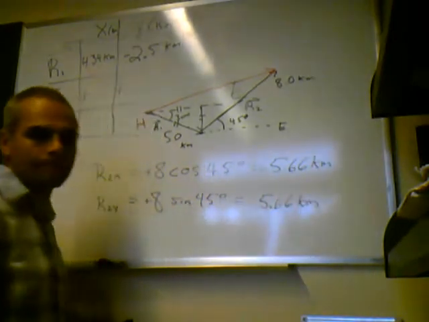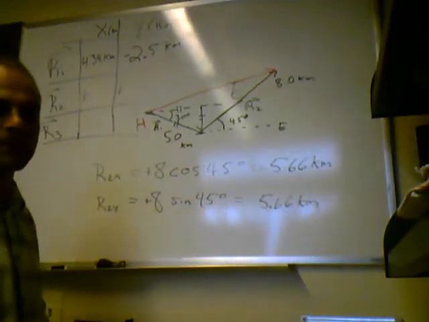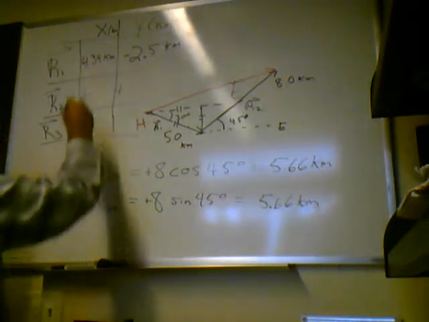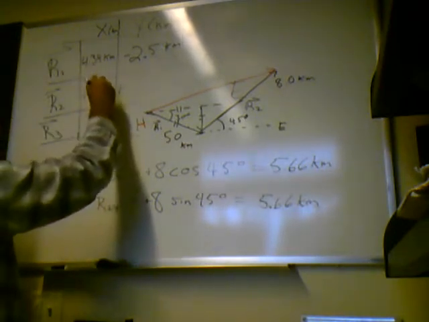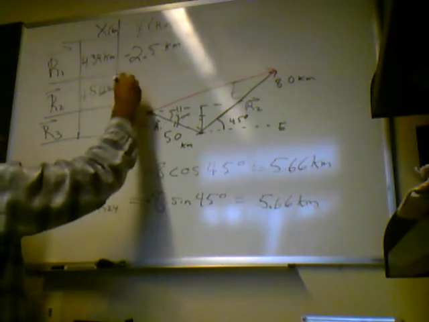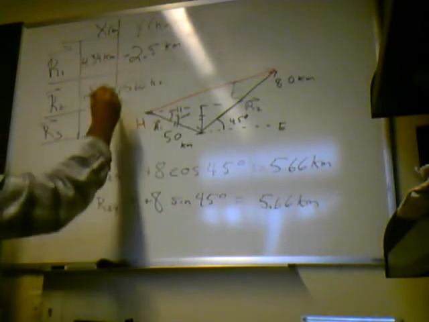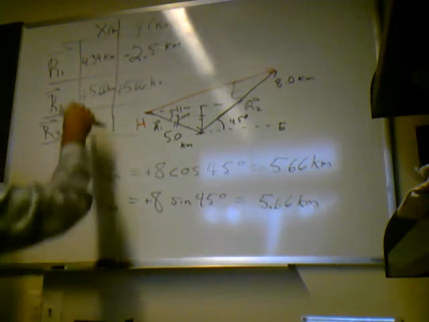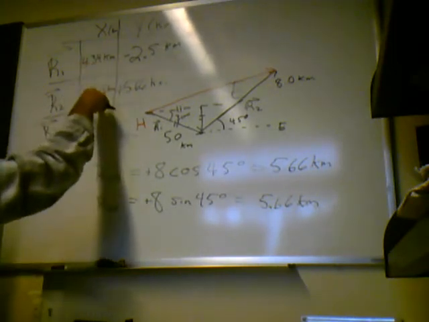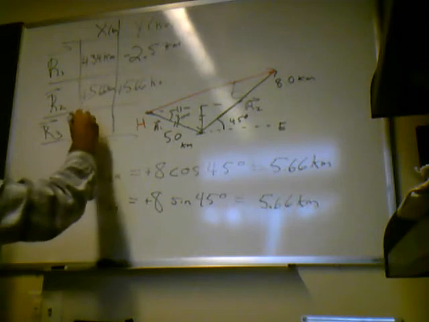Okay, hopefully you can see that. I realize there's some glare, but I'll put those in here, plus 5.66 kilometers, plus 5.66 kilometers. Then I'll add up my R1 and R2. So on this one, 4.34 plus 5.66 gives me an even 10 kilometers.